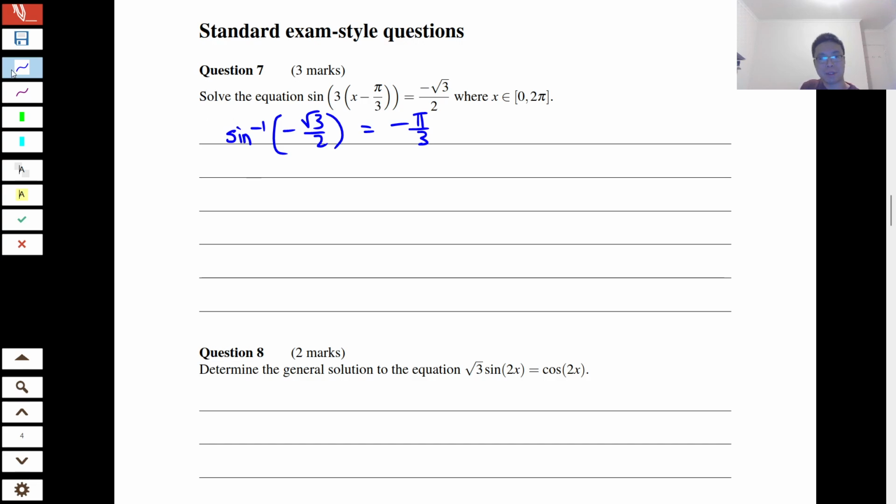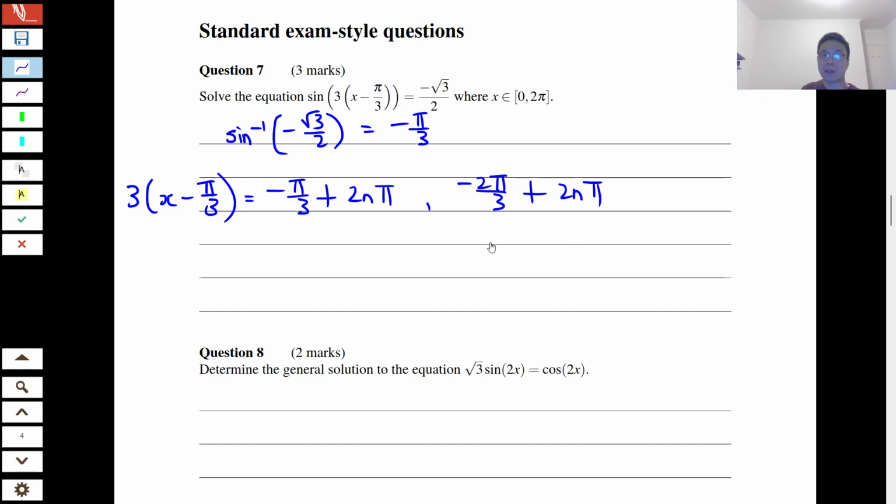Okay, this will work. So what we'll do is we'll say that 3 bracket x minus pi on 3, because I'm solving for theta at this stage, the argument of the sine function, equals negative pi on 3 plus 2n pi, that's quadrant 4, or negative 2 pi on 3 plus 2n pi, which is quadrant 3.